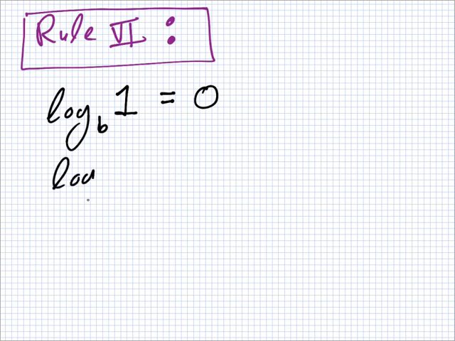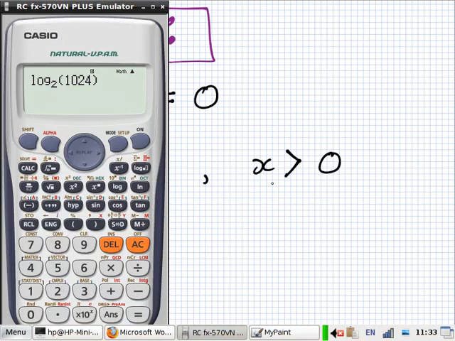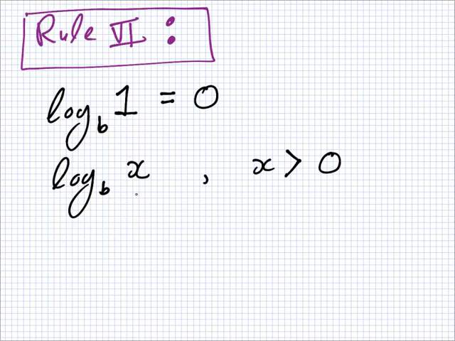Another thing here, log base b of x, we need x to be positive, so you could never take the log of a negative number. Like if I was to change this into minus here, I have a problem.